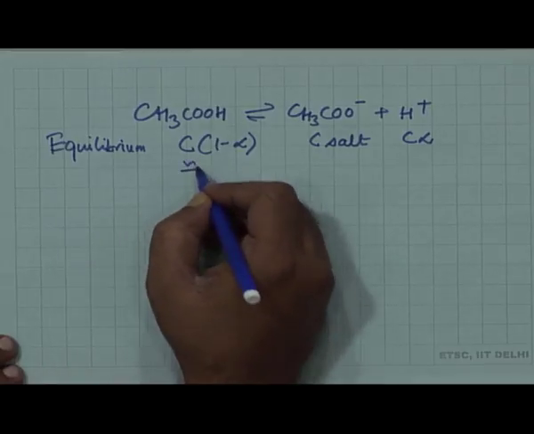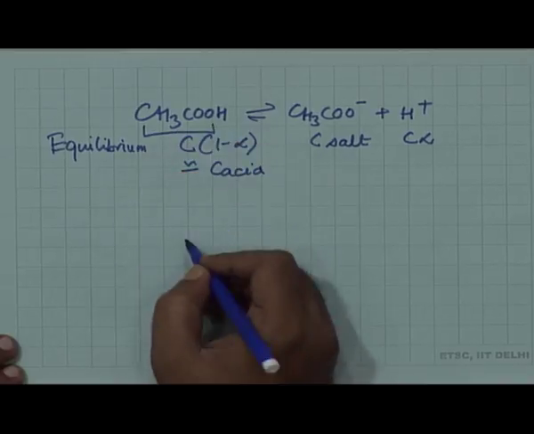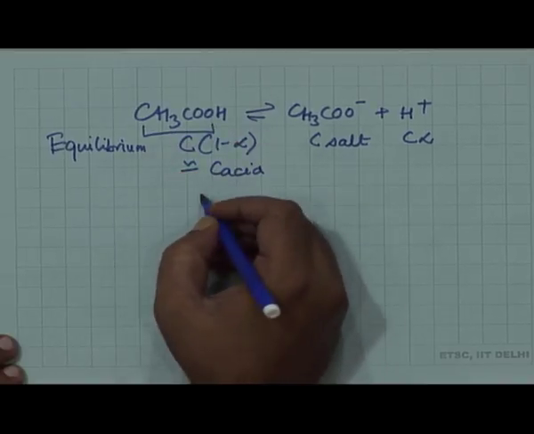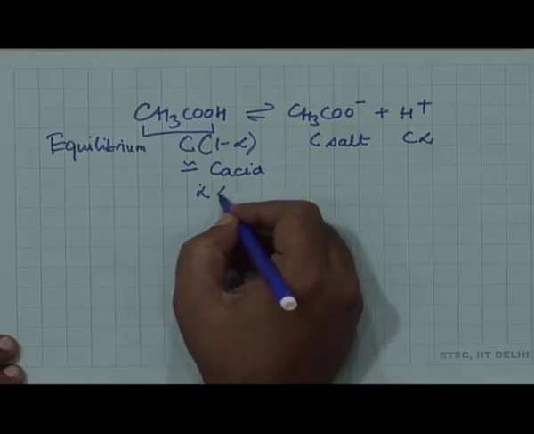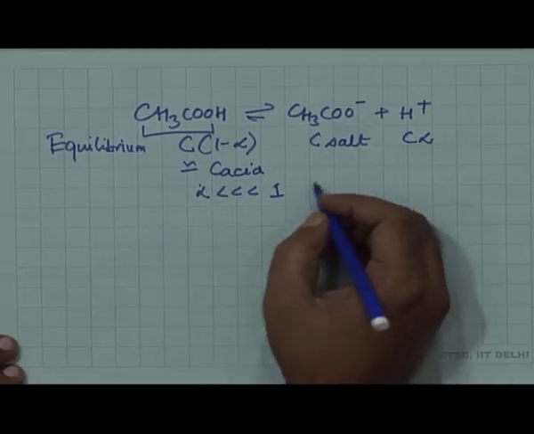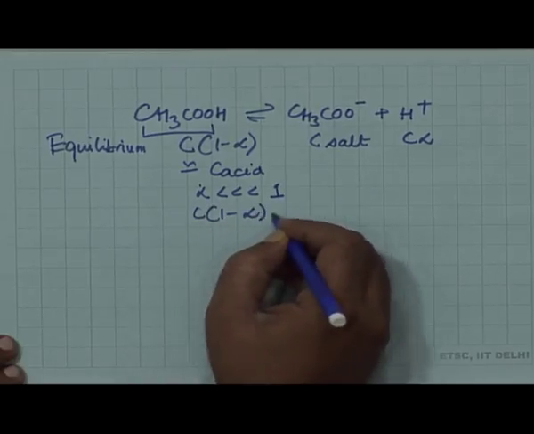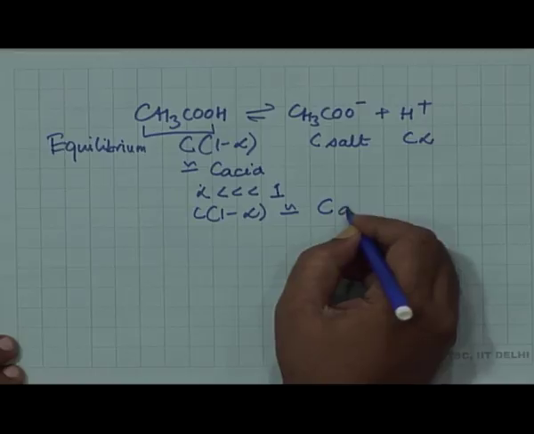C into 1 minus alpha is also almost equal to C acid, since acetic acid is a very weak acid and alpha is quite smaller than 1. And so, we can simply write C into 1 minus alpha is almost equal to C acid.